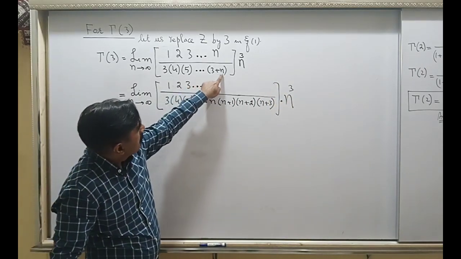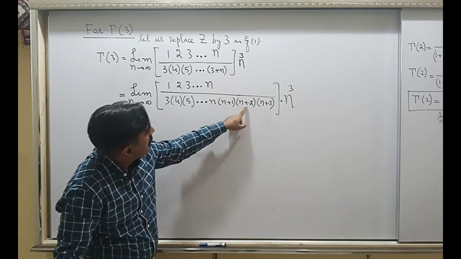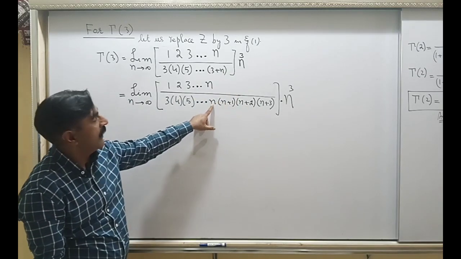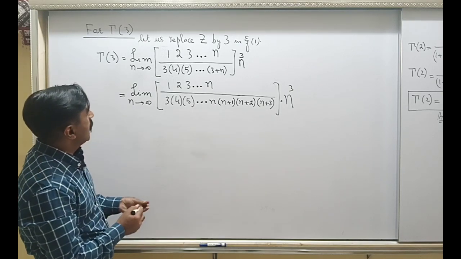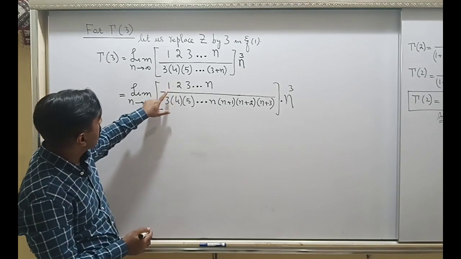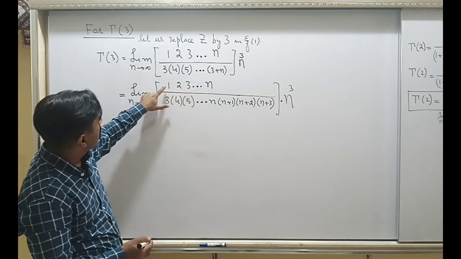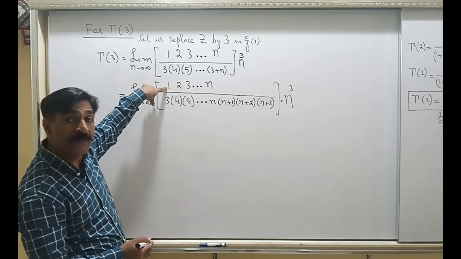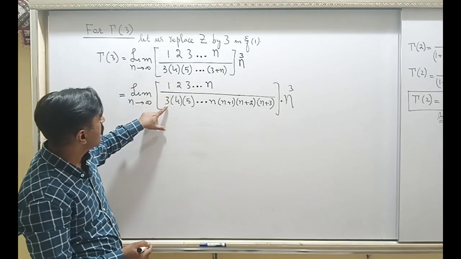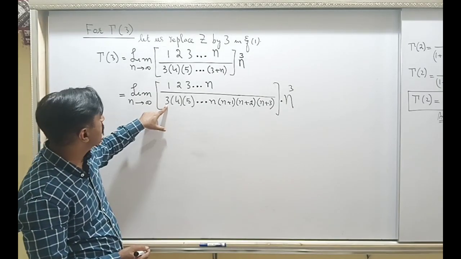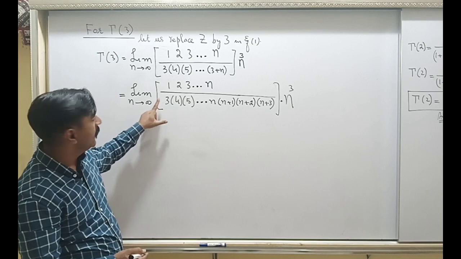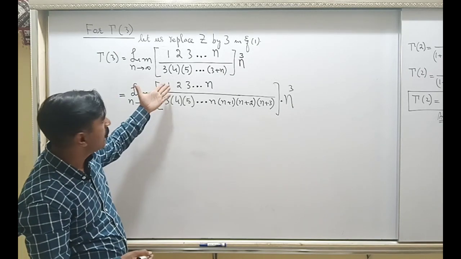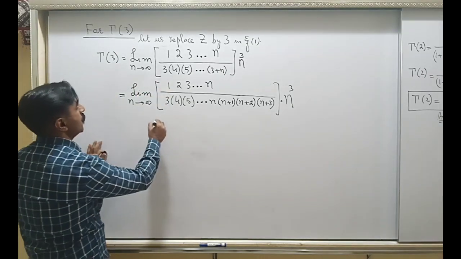So 3 plus n, the previous factor would be n plus 2, n plus 1 and n, right? But in the numerator the factors start from 1, and in the denominator they are starting from 3. So there is a deficiency of 2 factors, meaning 1 and 2. So you can multiply and divide by 2.